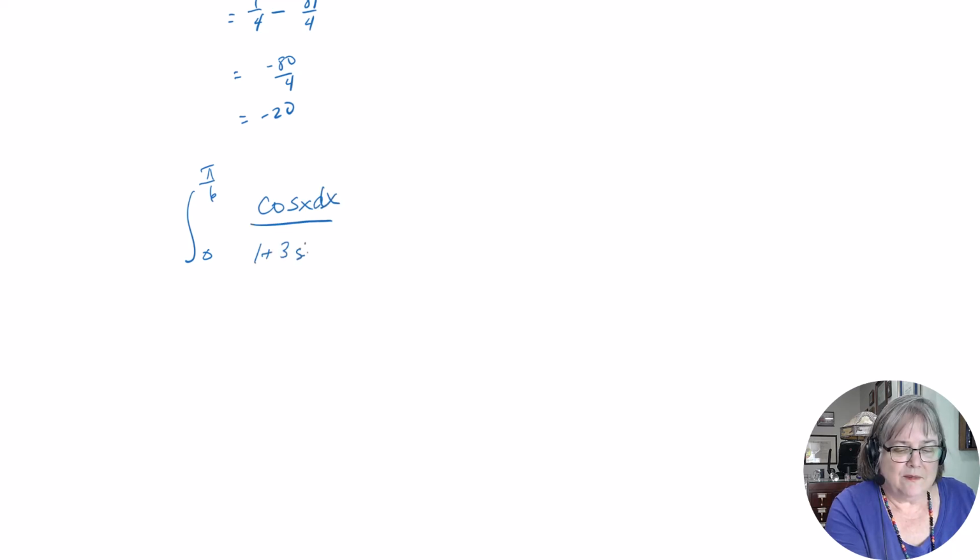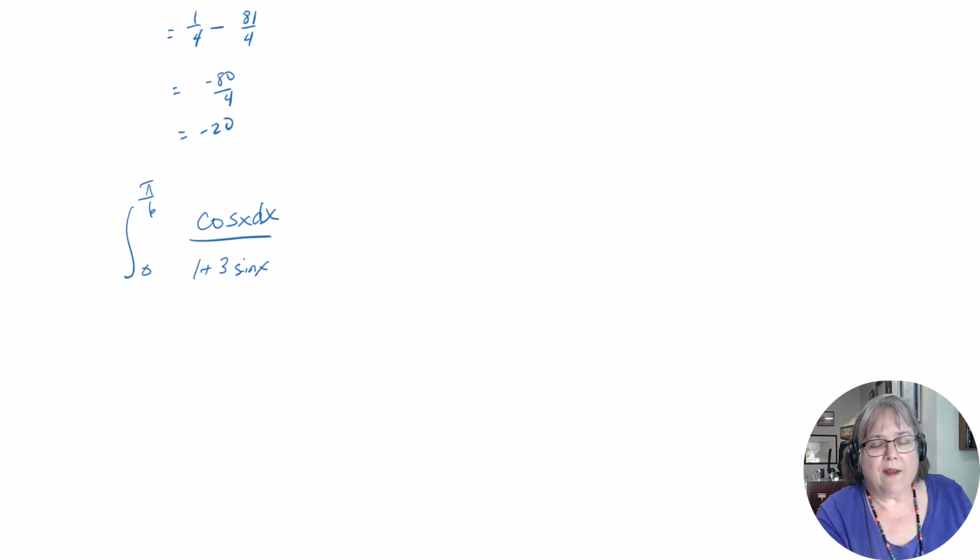All right. So let's try another one. What if we want the integral from 0 to pi over 6 of cosine x dx over 1 plus 3 sine x? Now, obviously this one is not a pattern. This is 2 different things working against each other or working together to support a coordinated effort.